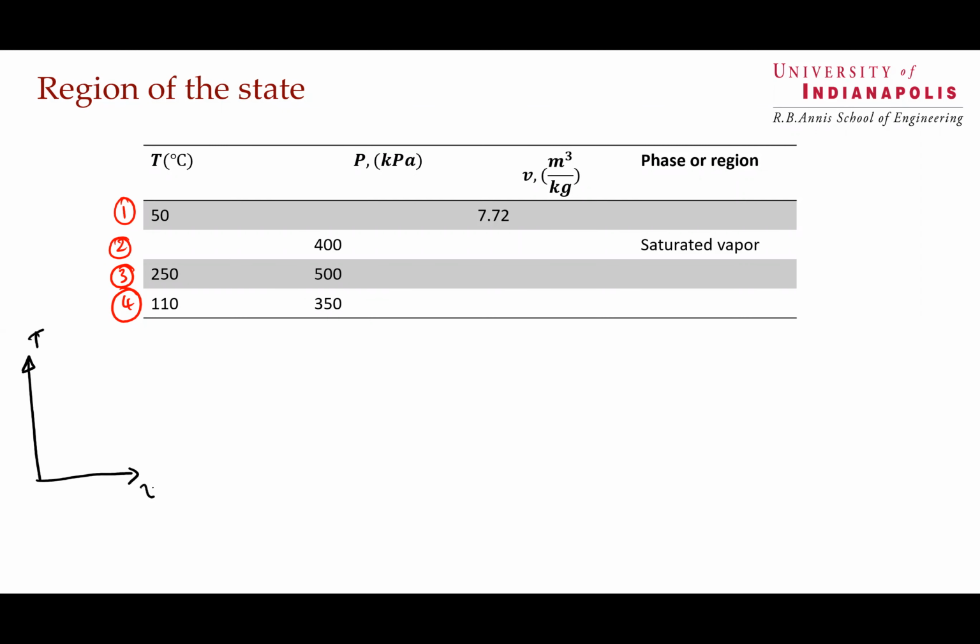I like to draw the TV diagram. As soon as you draw it, you need to have that vapor dome for phase changing substances. And we have 50 degrees Celsius and 7.72 cubic meters per kilogram.